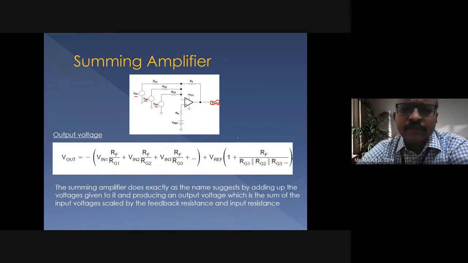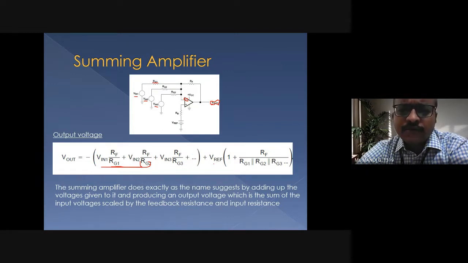So you have the input given to the non-inverting terminal. It is V in into RF by whatever be the resistance, RG1. Similarly, V2 into RF divided by RG2, then V3 into RF divided by RG3, and so forth. You can have any number of terms.